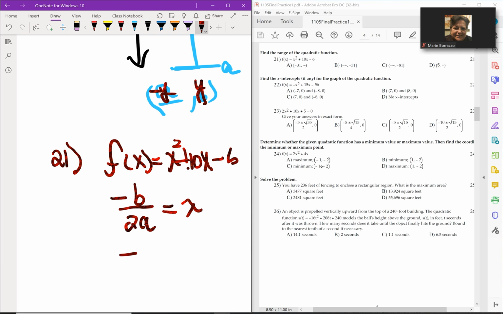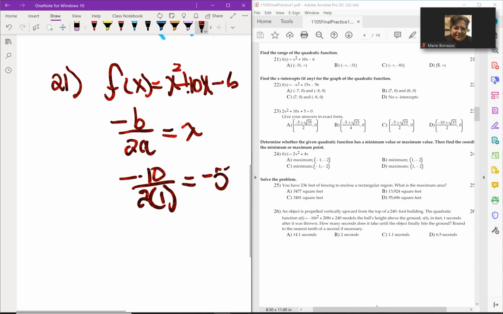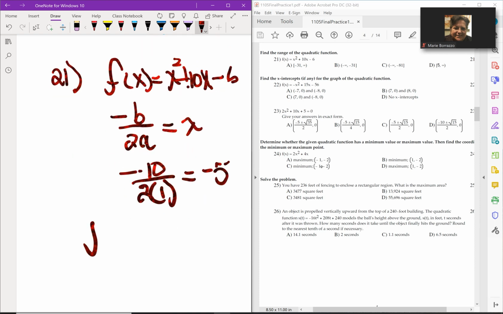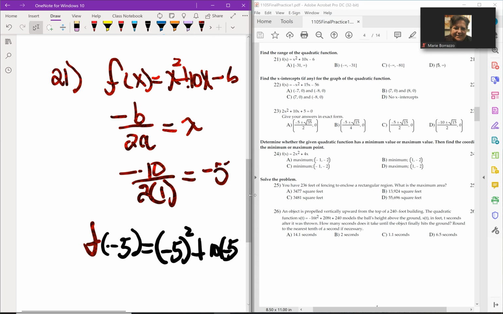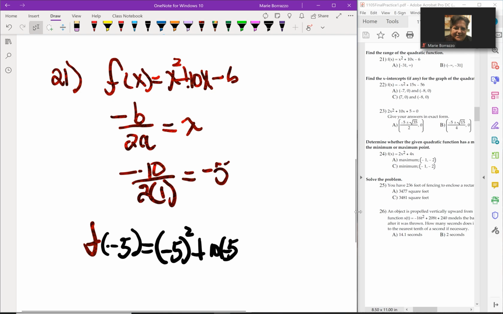So negative b in this case would be negative 10 over 2 times 1, which ends up giving me negative 5. And if I throw negative 5 into the equation, f of negative 5 is equal to negative 5 squared plus 10 times negative 5, followed by minus 6.